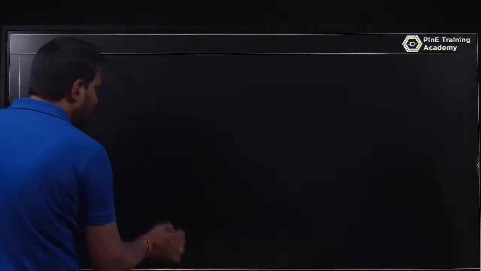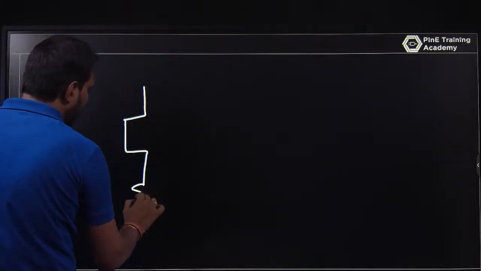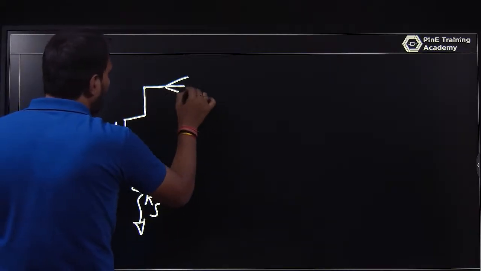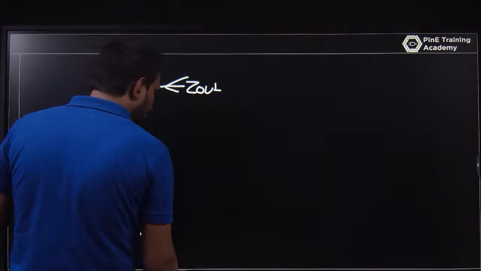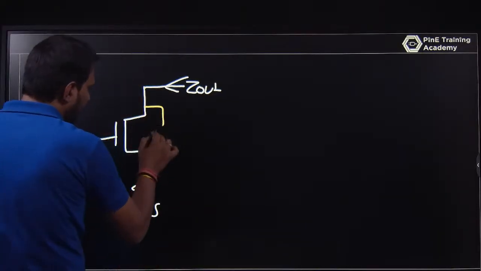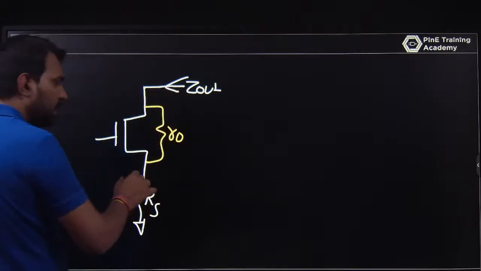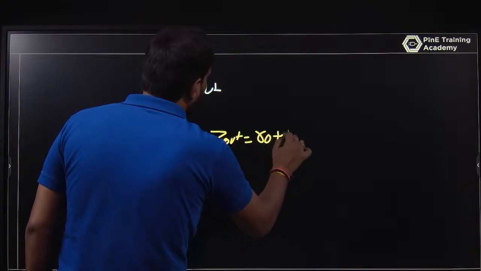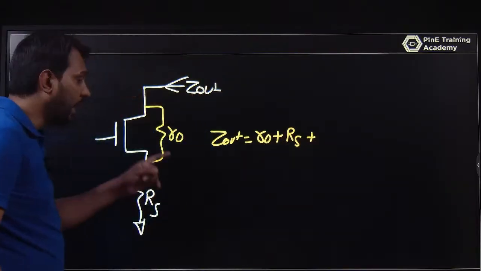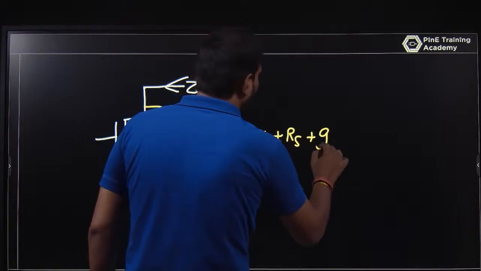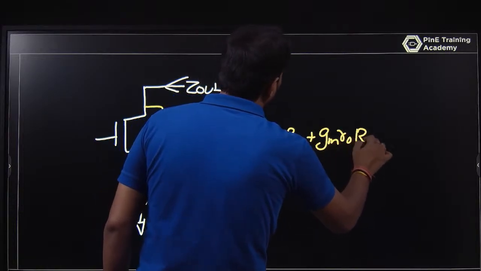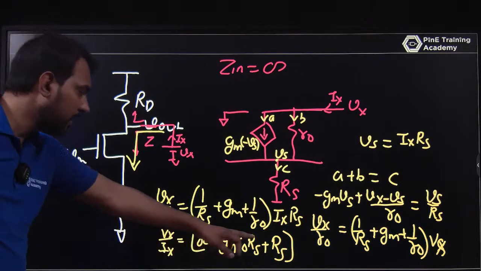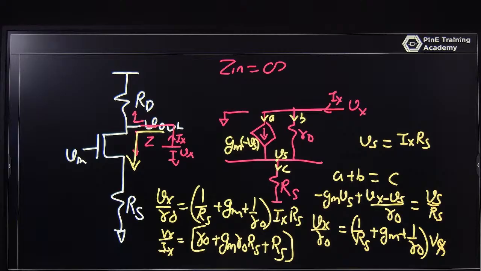With a resistance Rs here, what is Z out? Simply think of two resistances in series, so Z out is equal to R naught plus Rs plus the intrinsic gain term, gm R naught into Rs. You can check it.